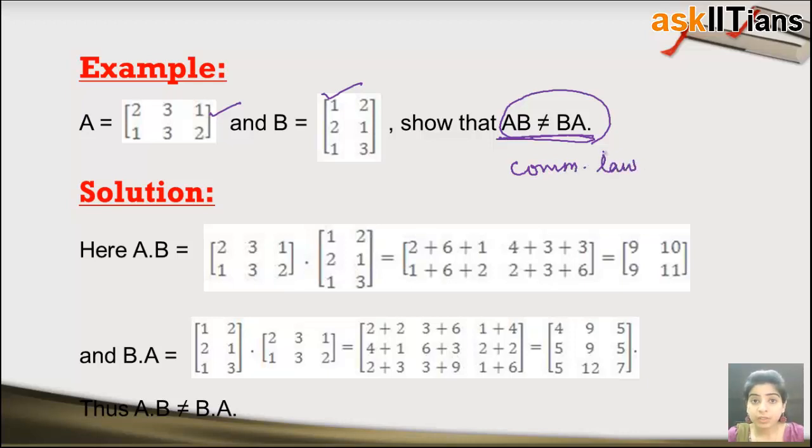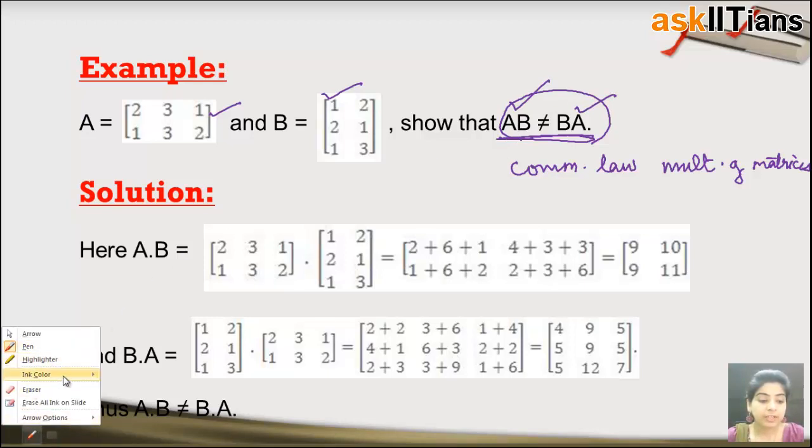This example also shows that the commutative law need not hold true in case of multiplication of matrices. If you remember, in the last session we discussed that the commutative law holds true in case of addition of matrices. So how do we proceed? We need to find AB and then BA.